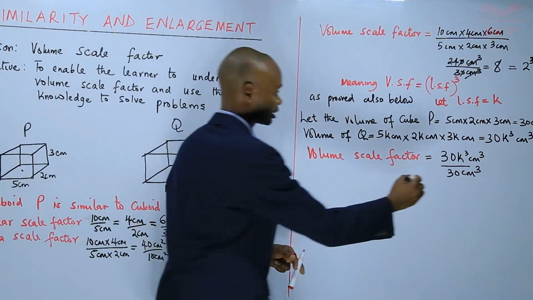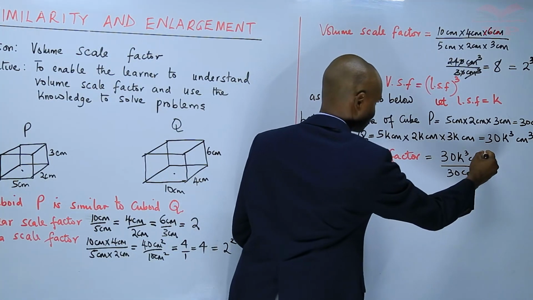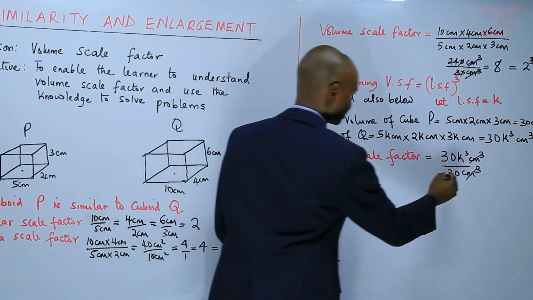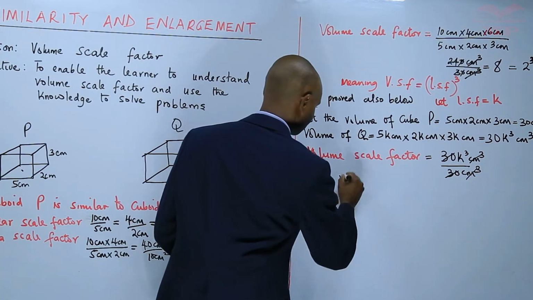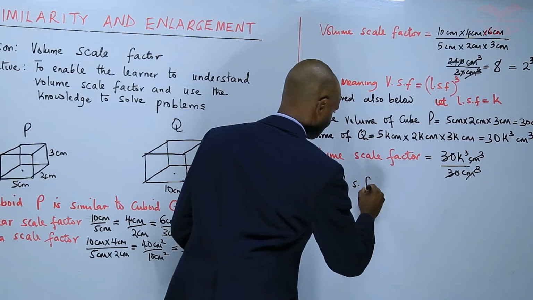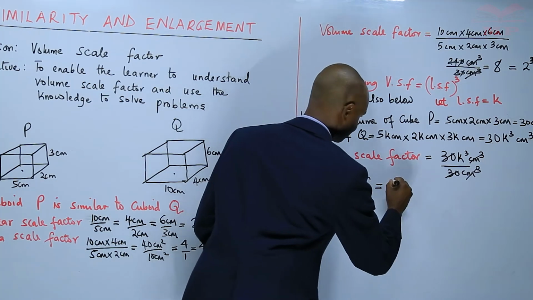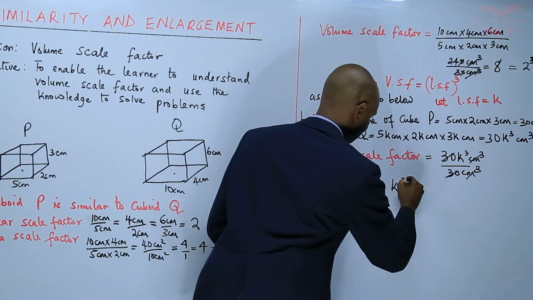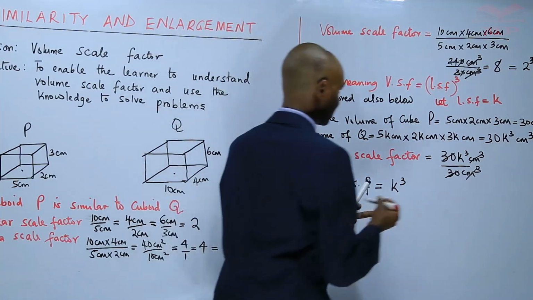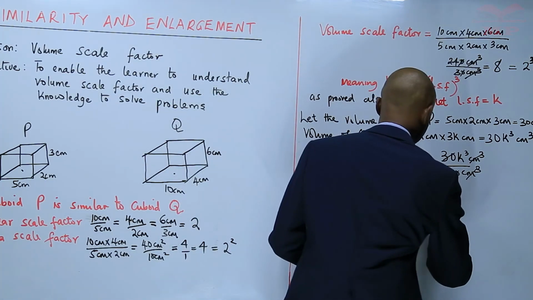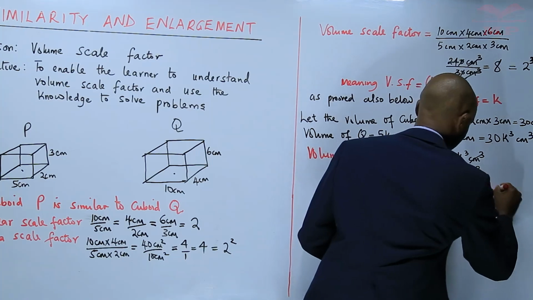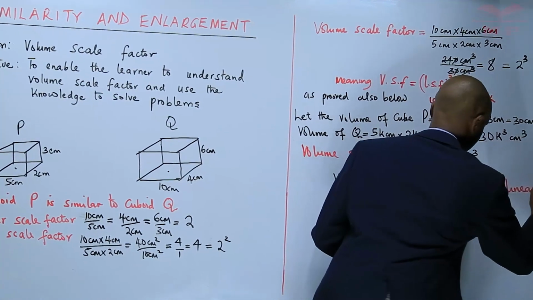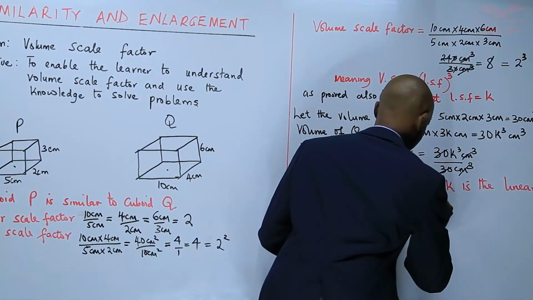The centimeters cancel and 30 cancels, so the volume scale factor will be equal to K cubed, where K is the linear scale factor.